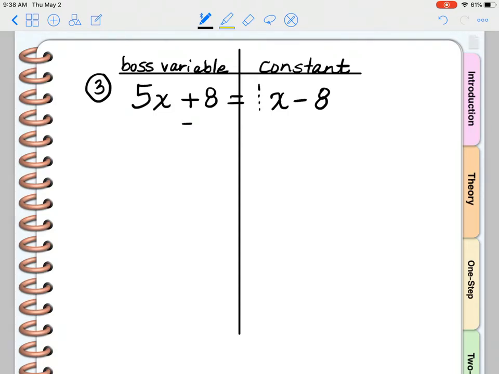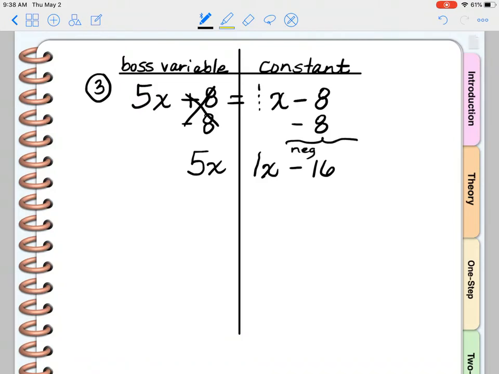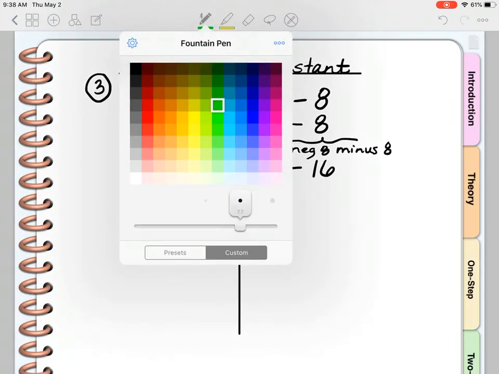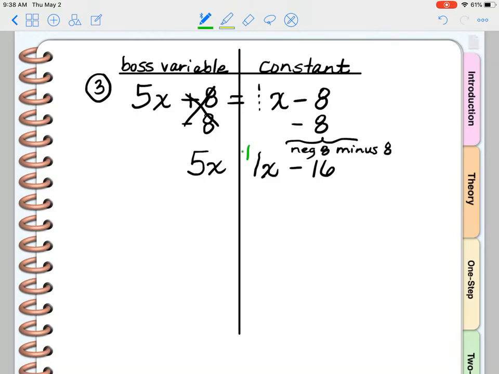So first thing, I'm going to move this plus 8 over to the other side. So I'm left with 5x equals 1x minus 16. This is negative 8 minus 8. So be careful there. And then here is this plus 1x. I don't see the plus sign, but I know it's there. So I'm going to minus 1x and minus 1x and cancel.